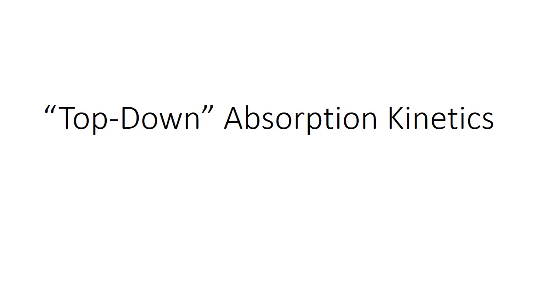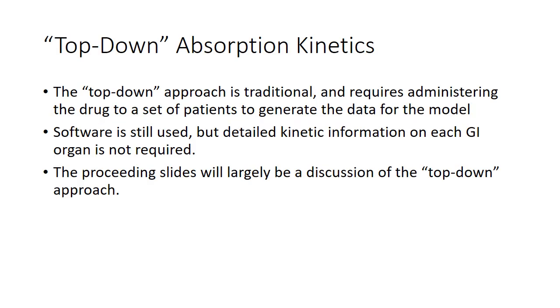The top-down approach is, again, more standard, and that's going to be going right to the plasma levels without knowing the detailed organ physiology related to that drug, like how is it absorbed in each component of the GI tract, and what transporters handle that drug. Well, we're not actually looking at that in the top-down approach. We're starting with actual blood level data. So that's more traditional.